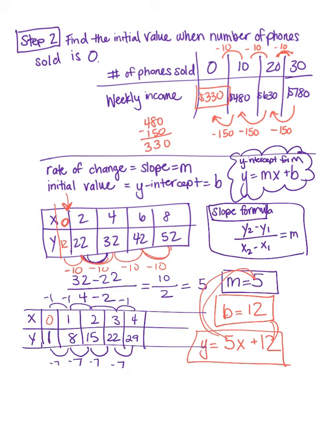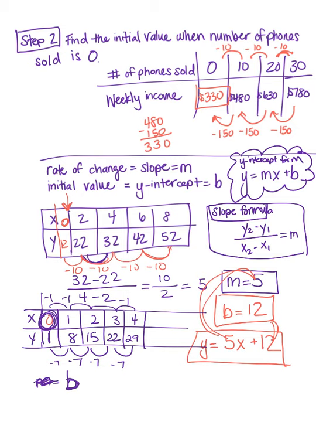Okay, so here our slope, no, that's our y-intercept. Sorry, I skipped ahead. I confused myself. Our y-intercept, right, because that's the initial value. Sorry, it's like 10 o'clock and I'm fried.